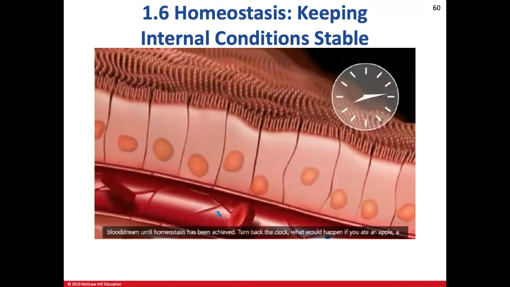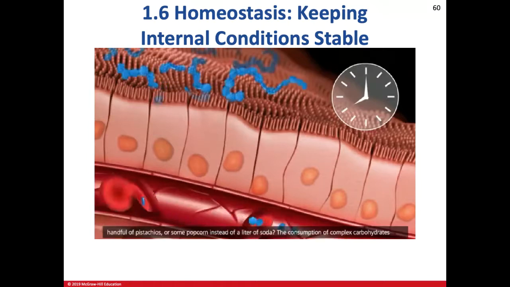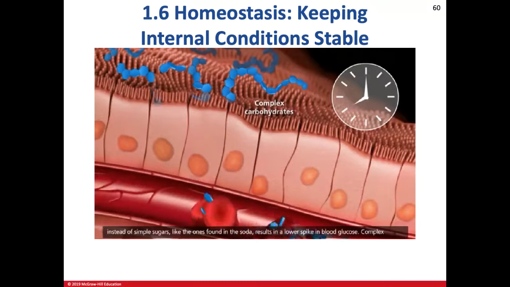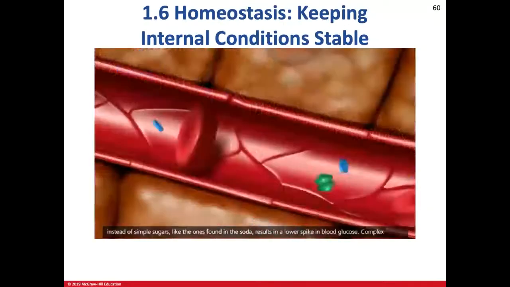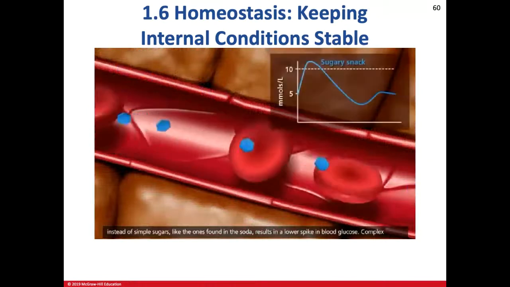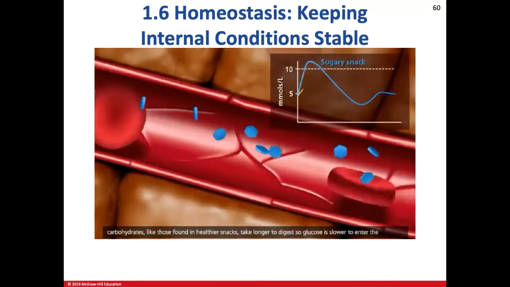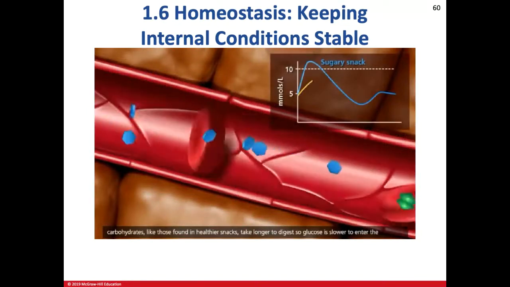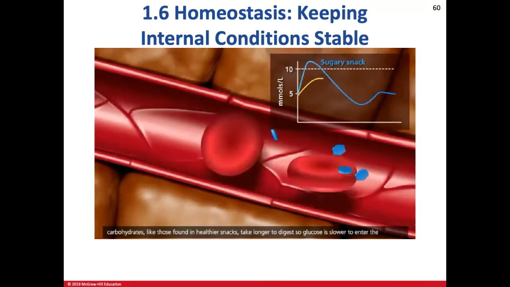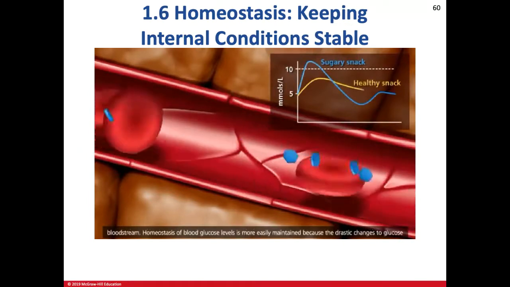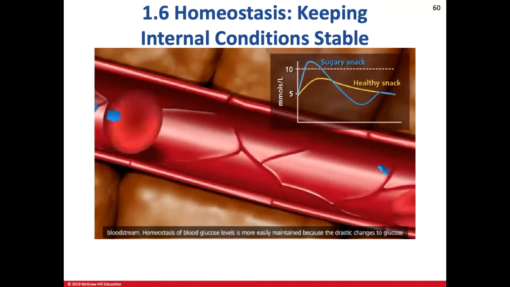Turn back the clock. What would happen if you ate an apple, a handful of pistachios, or some popcorn instead of a liter of soda? The consumption of complex carbohydrates instead of simple sugars, like the ones found in the soda, results in a lower spike in blood glucose. Complex carbohydrates, like those found in healthier snacks, take longer to digest, so glucose is slower to enter the bloodstream.